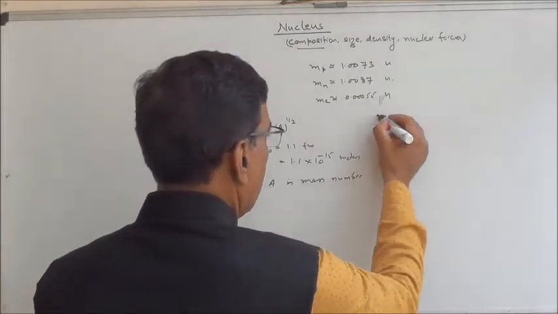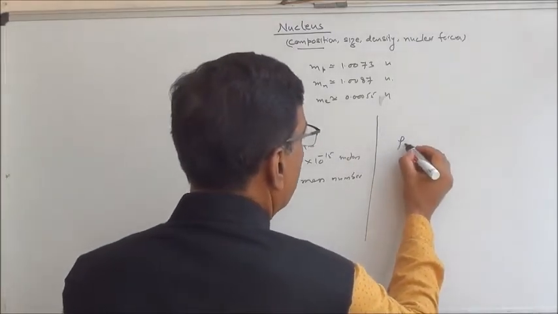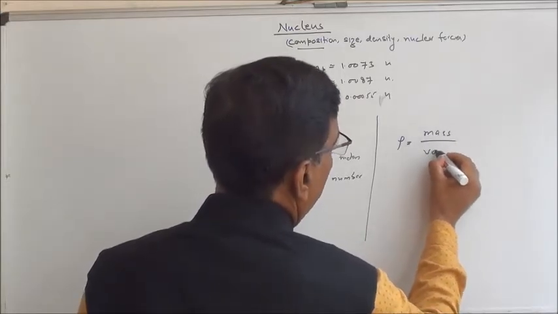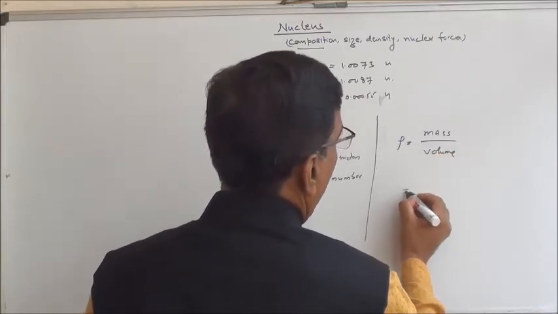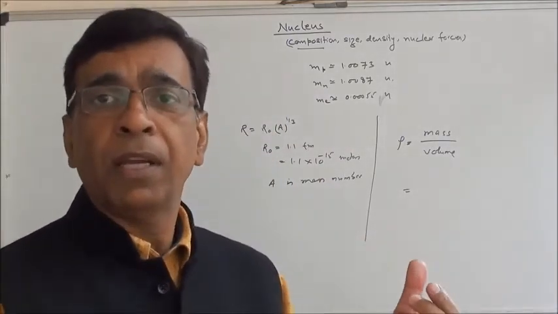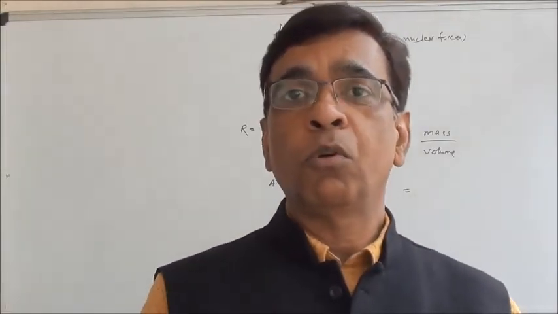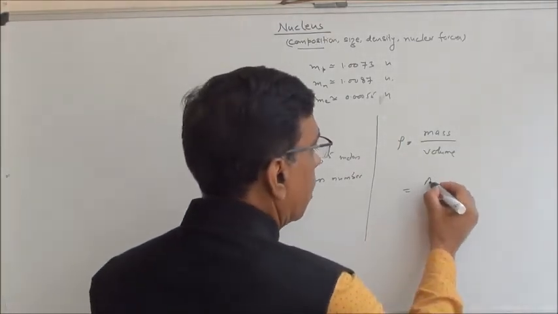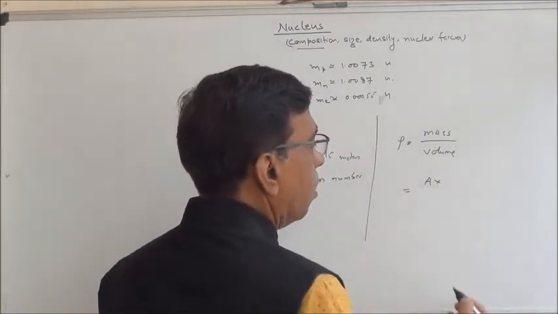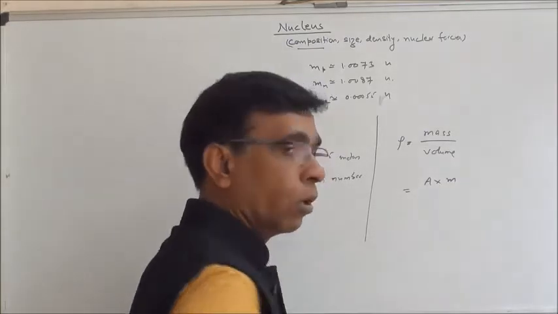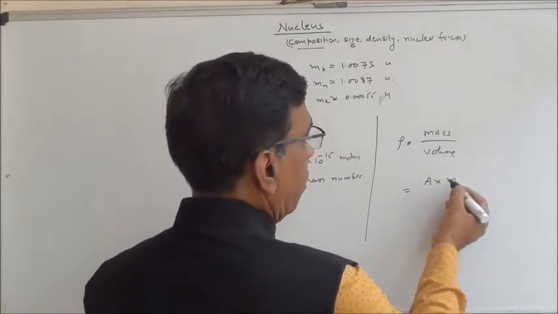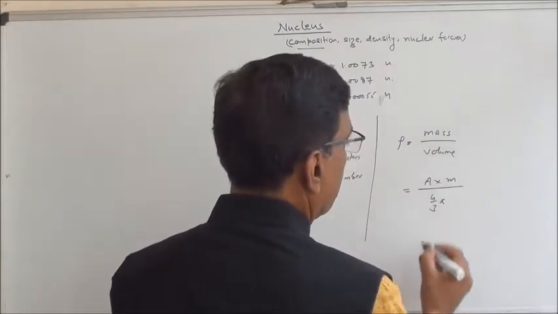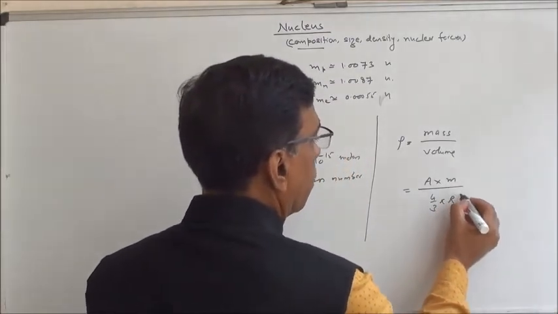If I have to find the density of nuclear matter, then density is mass upon volume. And what will be the mass of the nucleus? If I take the mass of the neutron and proton as almost the same, then it is the number of nucleons present into the mass of one nucleon. I will take it around 1 AMU, divided by the volume, considering it perfectly spherical, 4 by 3 pi r cube.